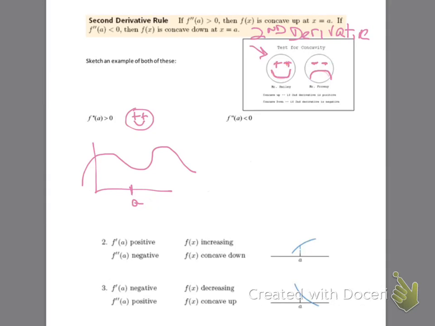Now where is this function concave down? It's concave down where my second derivative is negative. I can draw something similar to what I just did, and I can say that right here at A, my function is concave down. All right, be able to understand that and be able to apply it when we speak about concavity.